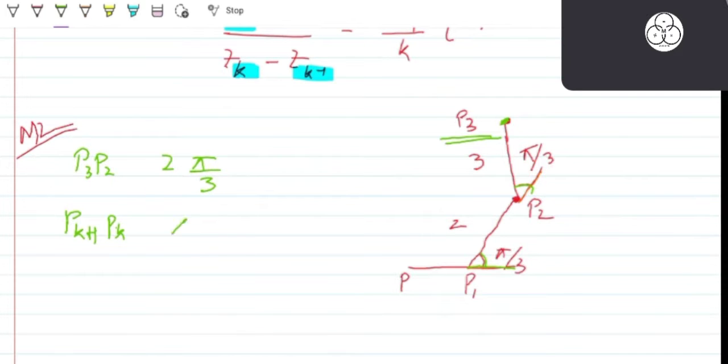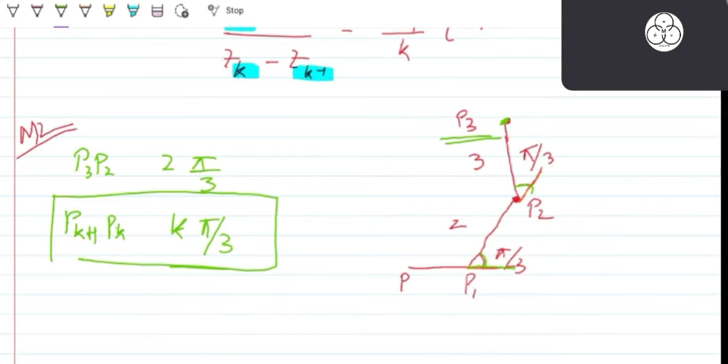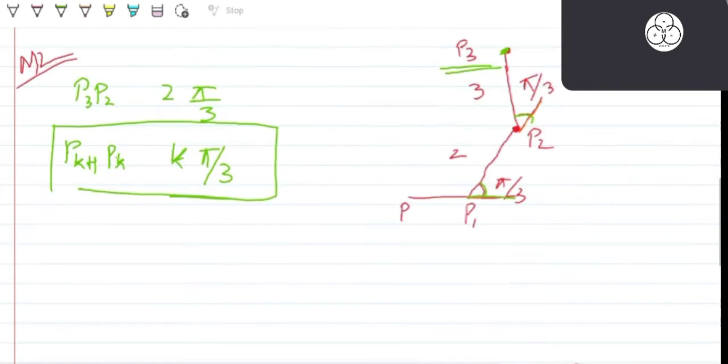We have rotated k times pi by 3, right? Now we will use this in rotation of complex numbers. That will give us a very easy result.